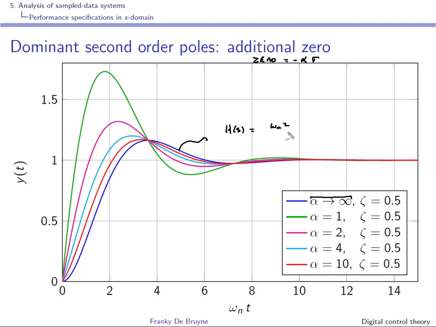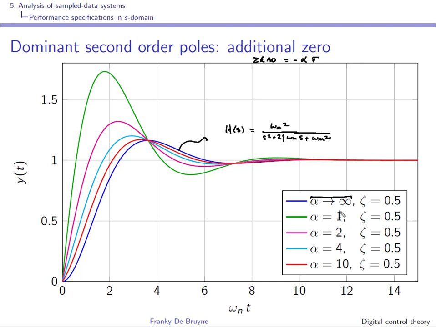It's this one over here. And as you can see, when alpha is large, for instance when alpha is equal to 10, there is very little influence in the step response, and the influence becomes larger and larger when alpha decreases.